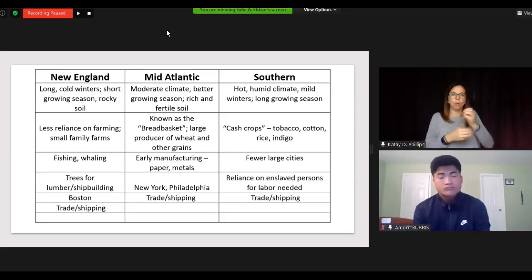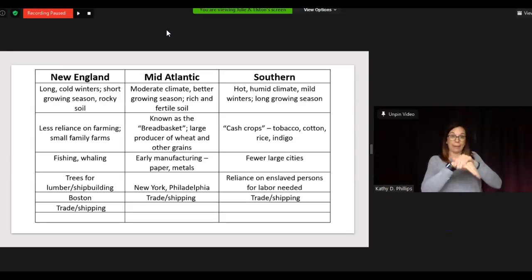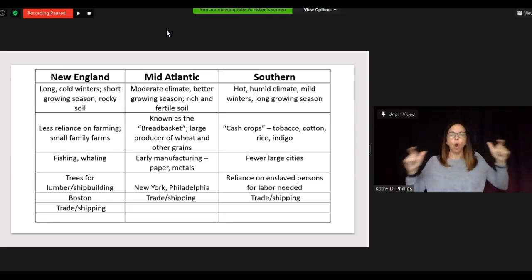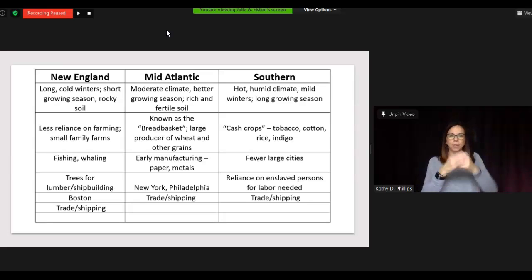We saw in New England that because they couldn't do a lot of farming, they had long cold winters, a short growing season and very rocky soil. They had small family farms to grow food that they would use as a family, right? But we didn't see large mass production of agriculture in New England like we did in the other regions.